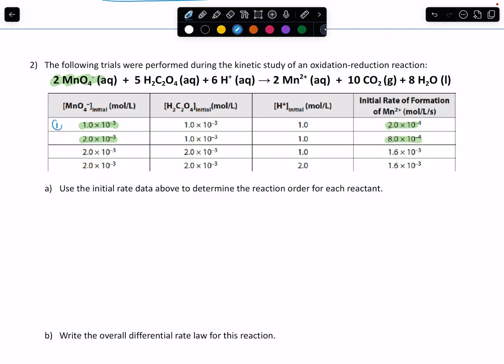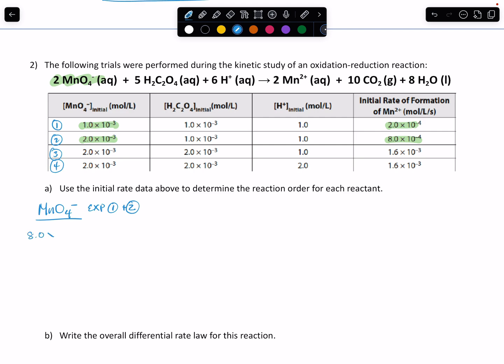I'm just going to number these. 1. All right. So for MnO4 minus, I'm going to use experiments 1 and 2. All right. So I do exactly what I did before.